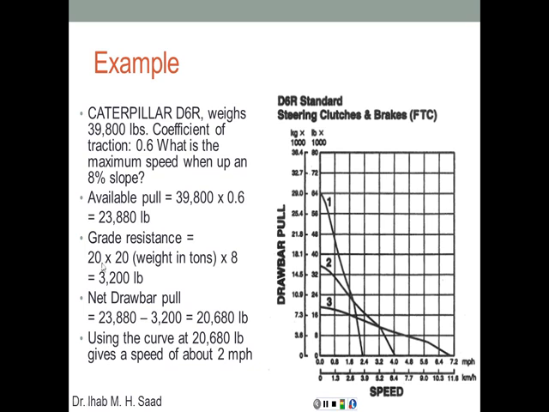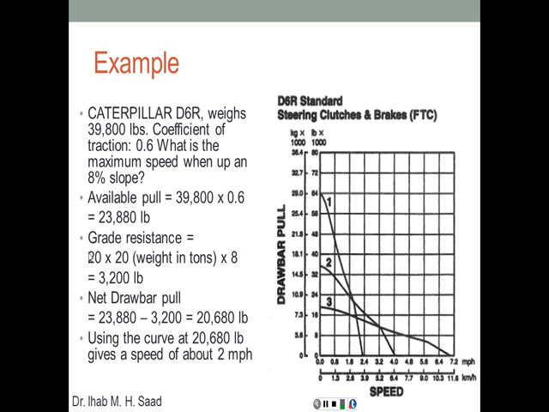The grade resistance: we are moving on an 8% slope, which is 20 pounds per ton times the weight in tons times 8, the percent. 20 is a constant, and the weight in tons is 20 tons, which is this 39,800, almost 40,000 pounds.